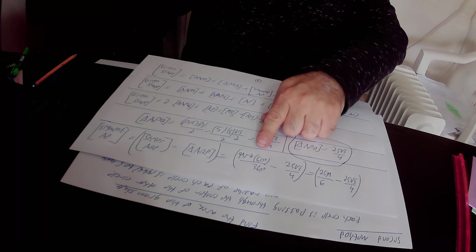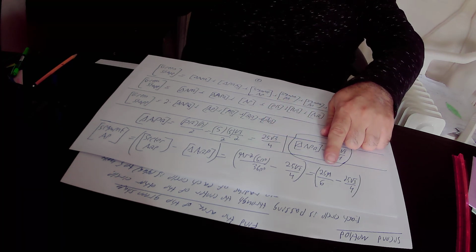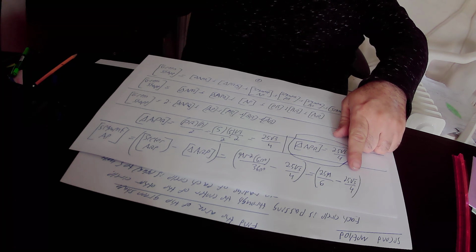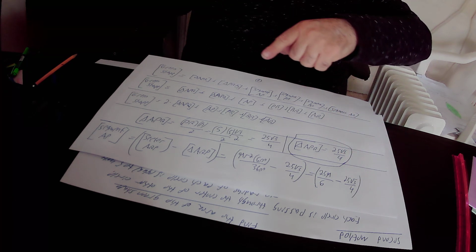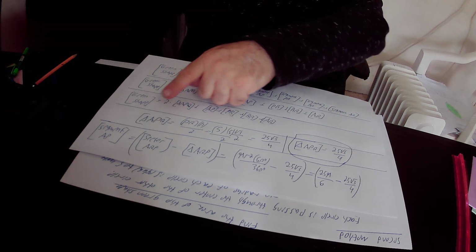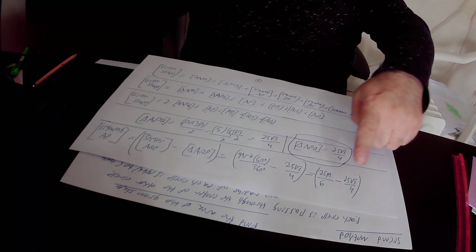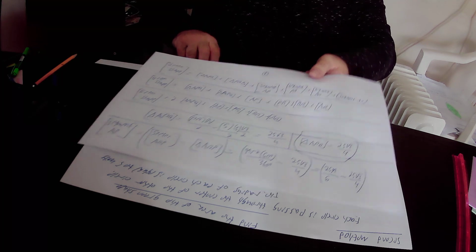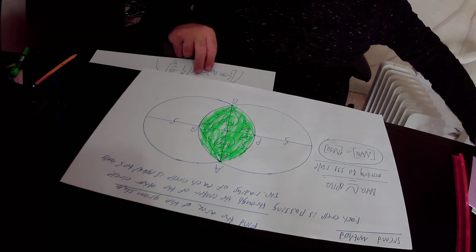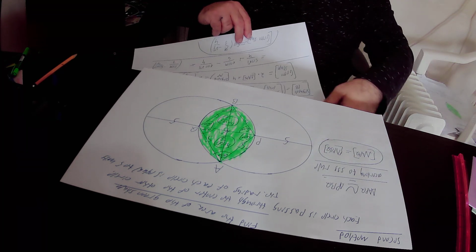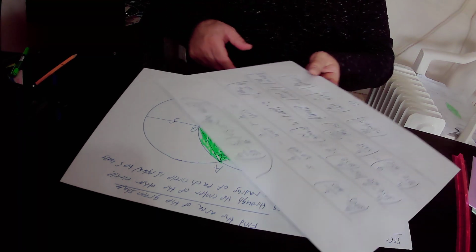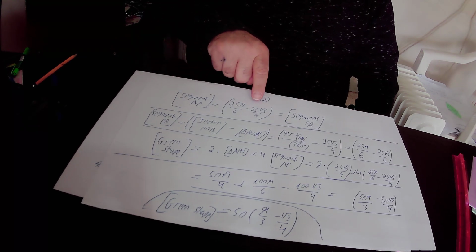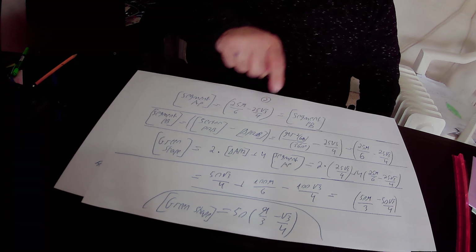So the value of this expression is actually 25 pi over 6 minus 25 times root of 3 over 4. So the area of segment AP equals 25 pi over 6 minus 25 times root of 3 over 4.